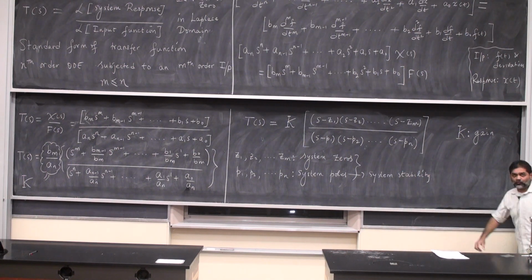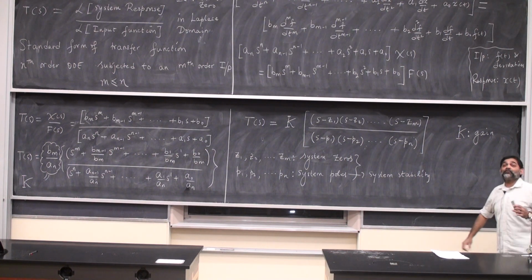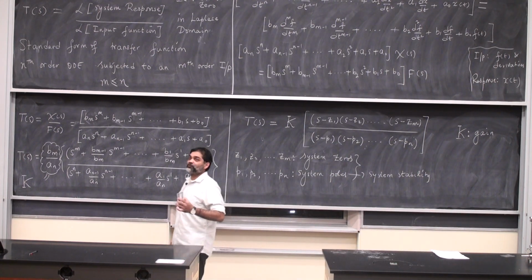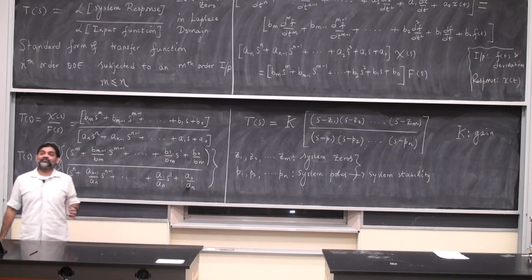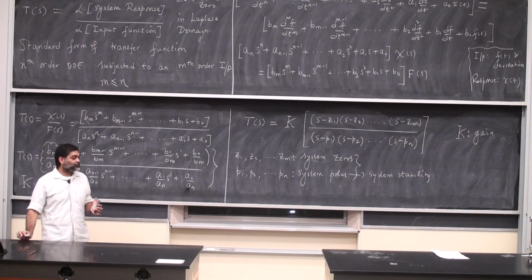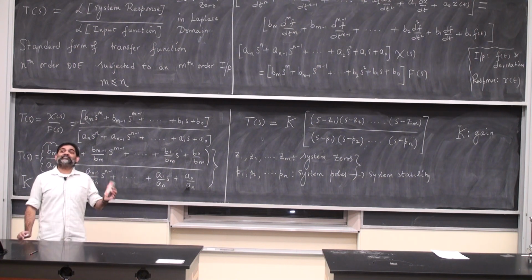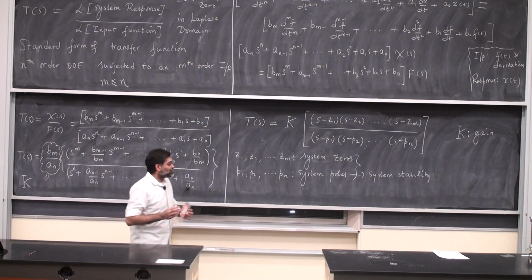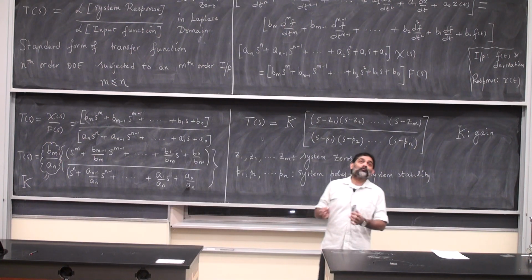What's the use of the zeros? It is not my business, because you're going to see the utility of the zeros when you take ME3360, which is system integration and controls. But let me tell you this, the system zeros are useful in controller design, that is design of control systems, and they typically will employ the method called root locus plots.